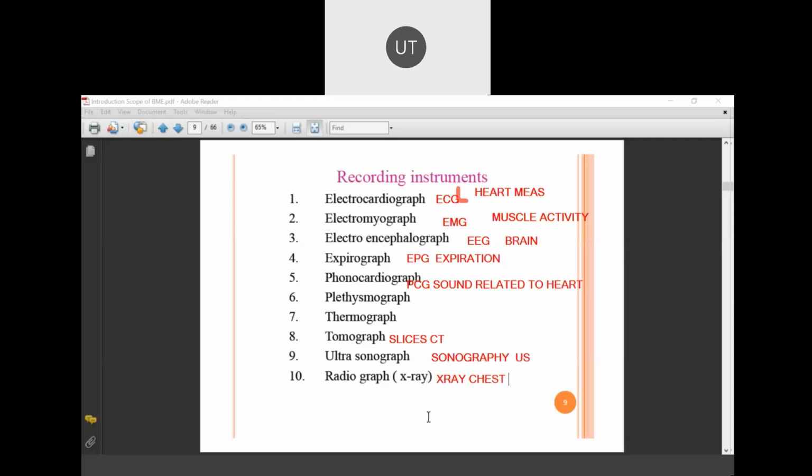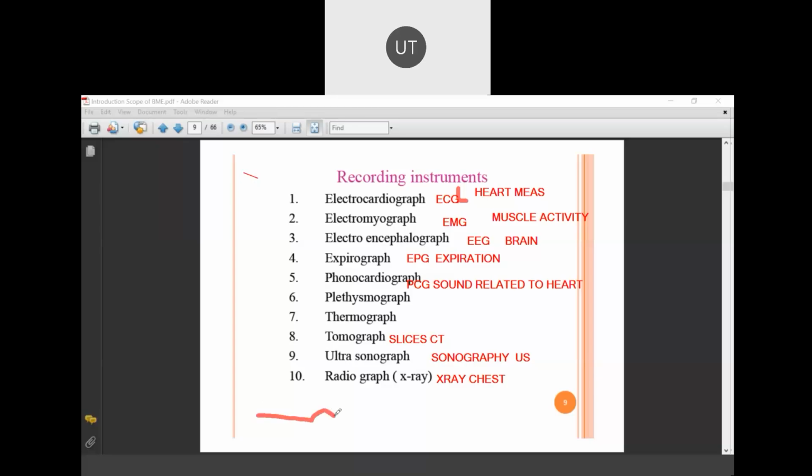Recording means it is going to record. It is measuring. For example, in ECG, heart measurements are done and then recorded. If you want to know how it looks, I'll tell you how the ECG looks.